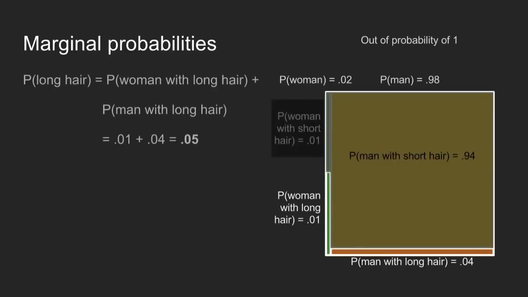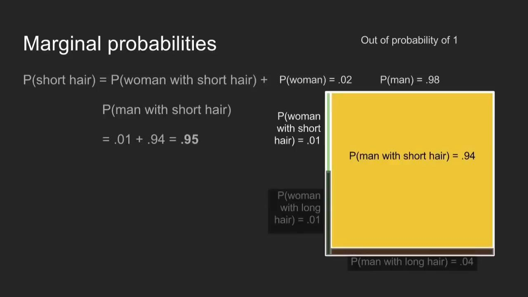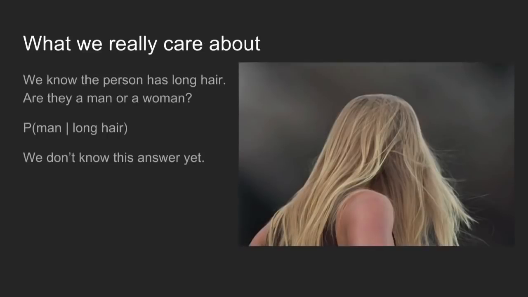If I wanted to figure out the probability that someone has long hair, I just add up all of the different ways that someone can have long hair. They can be a woman with long hair or a man with long hair. In the men's restroom line, that's a 1% probability plus a 4% probability, or a 5% probability overall. And you can do the same thing for short hair, 95%.